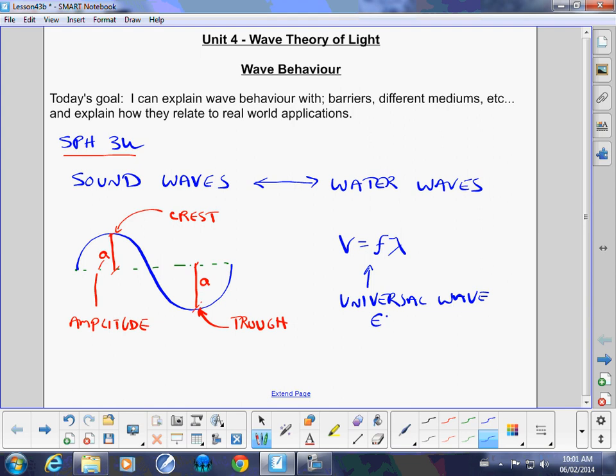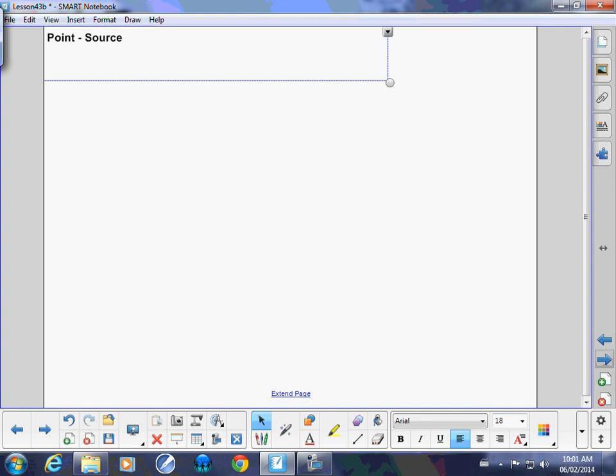All right. Now I'm going to talk more specifically about the other stuff. The first part of this lesson is a review of 3U and some of the wave properties that arise. Moving along, starting off with the easier end, we talked about point sources. What is a point source?